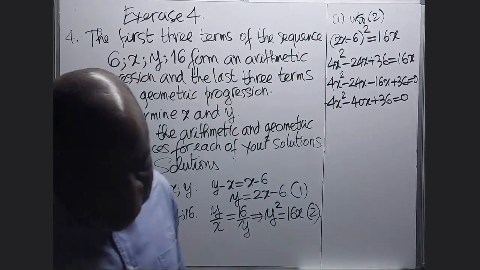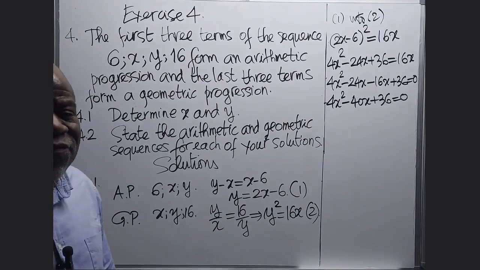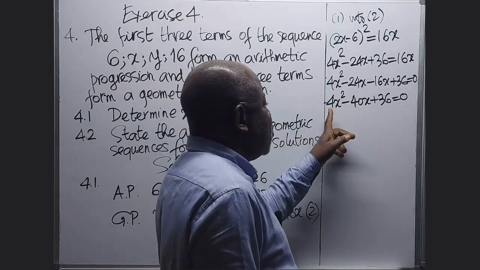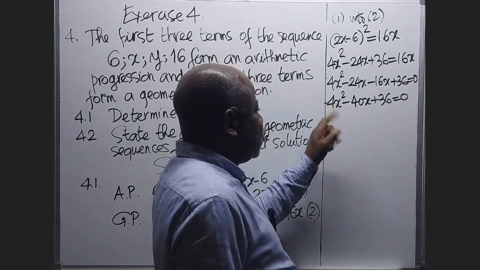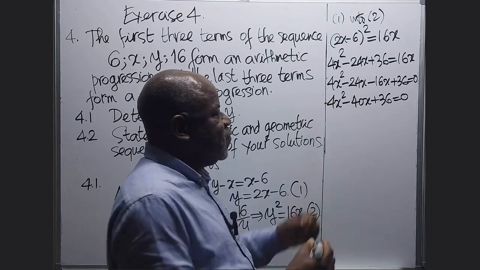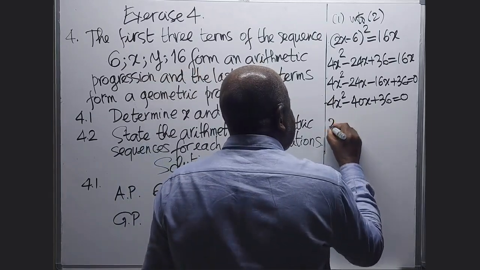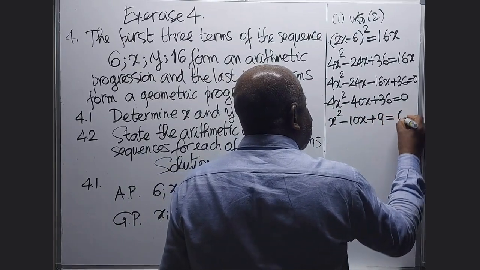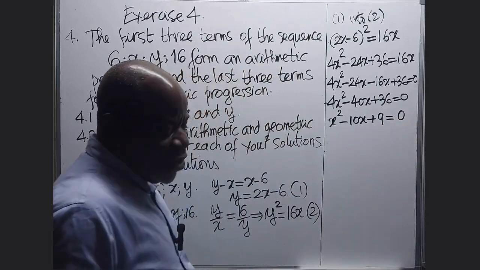Here we're going to divide by 4, because 40 is a multiple of 4 and 36 is also a multiple of 4. If we divide all the terms by 4, we get x squared minus 10x plus 9 is equal to 0.